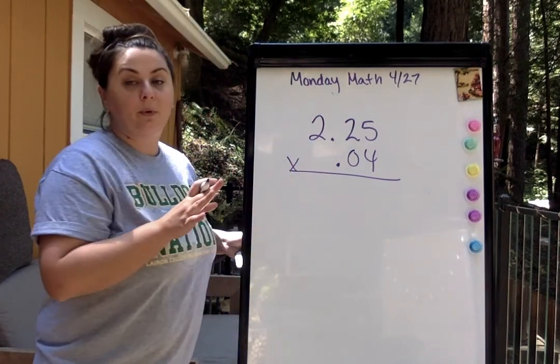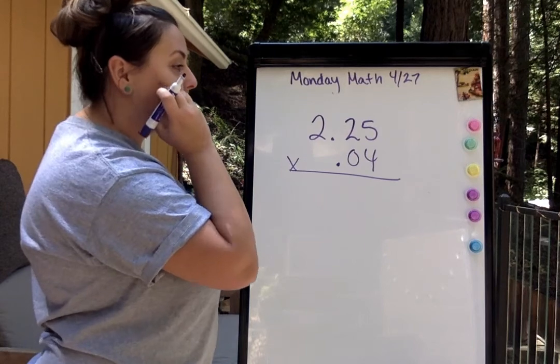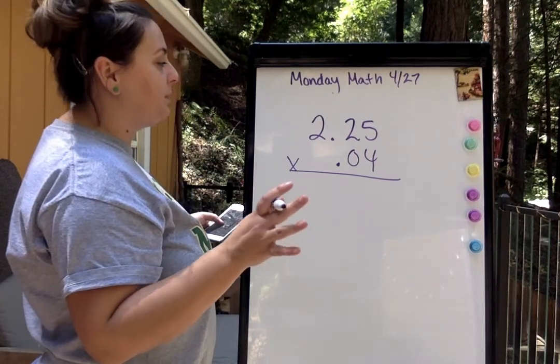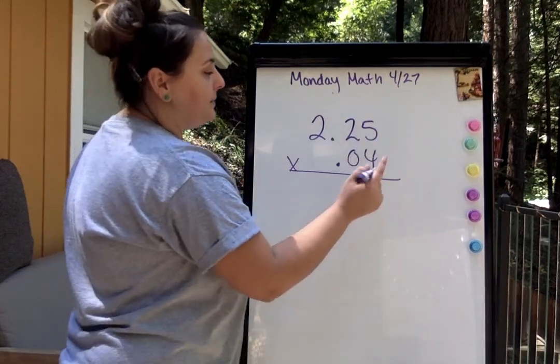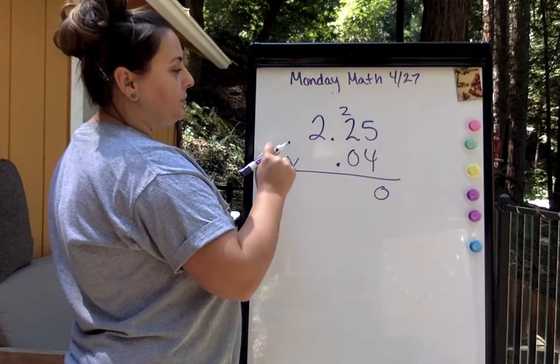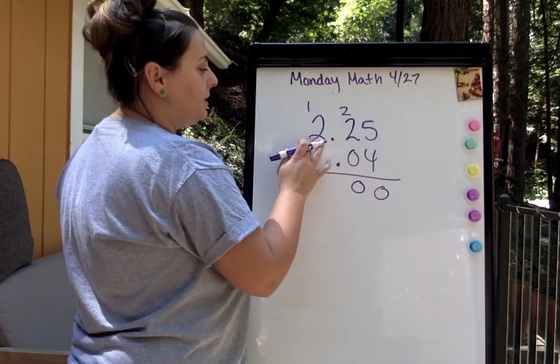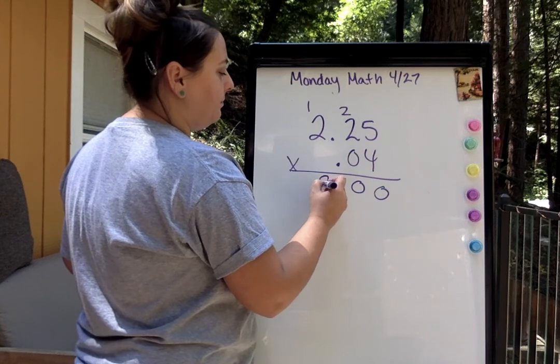Now, remember, when you're doing multiplication of decimals, you do it exactly like regular multiplication. Don't worry about the decimal for right now. So 5 times 4 is 20. 4 times 2 is 8, plus 2 is 10. 4 times 2 is 8, plus 1 is 9.